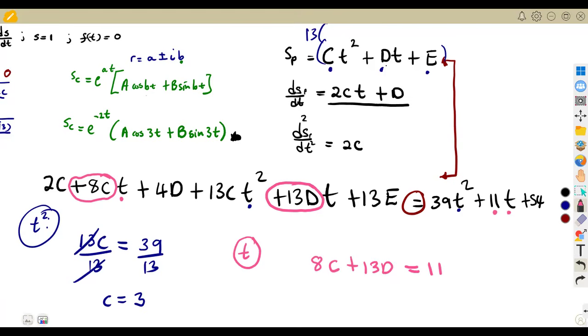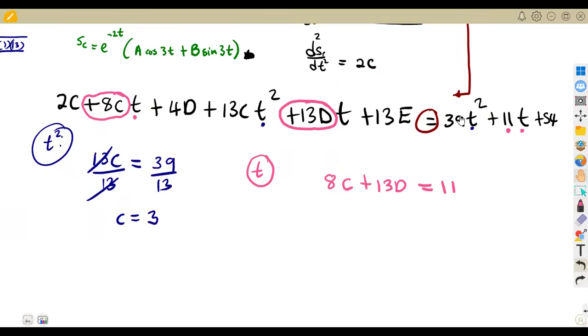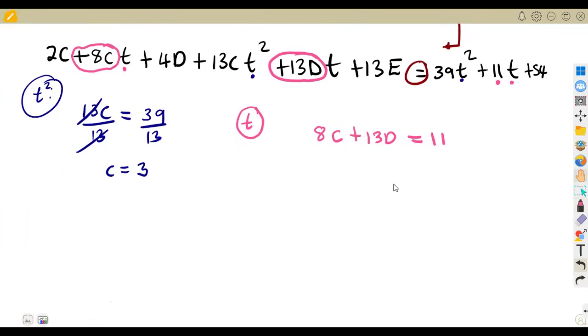We have formed an equation that we can solve for D since we have the value of C here. C is 3, so it's going to be 8 times 3, that's 24. So 24 plus 13D is equal to 11. So 13D is equal to what? Transpose 24 to the other side. That will be 11 minus 24.